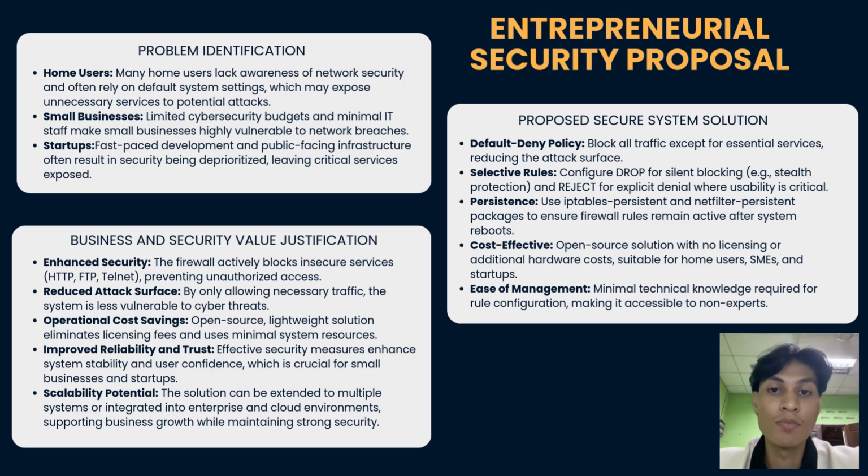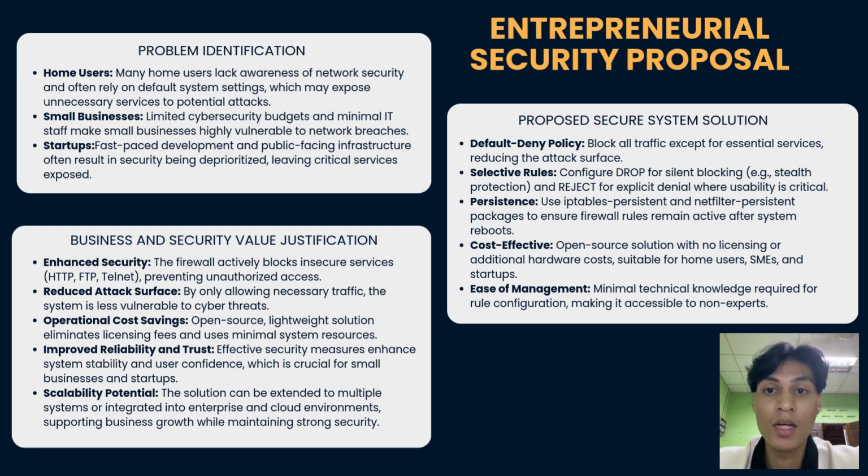The second one is the proposed secure system solution. The first is a default deny policy, which blocks all traffic except for essential services, reducing the attack surface. For selective rules, configure drop for silent blocking, for example stealth protection, and reject for explicit denial where usability is critical.